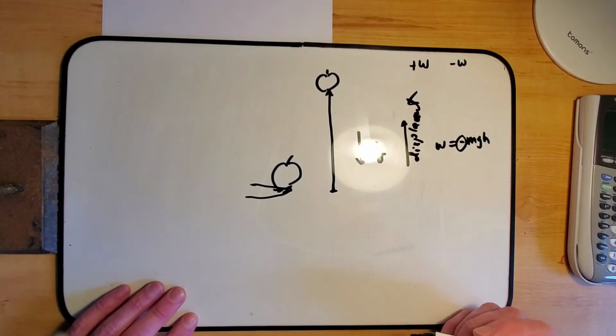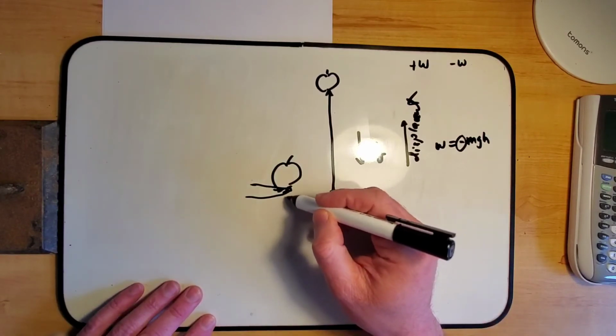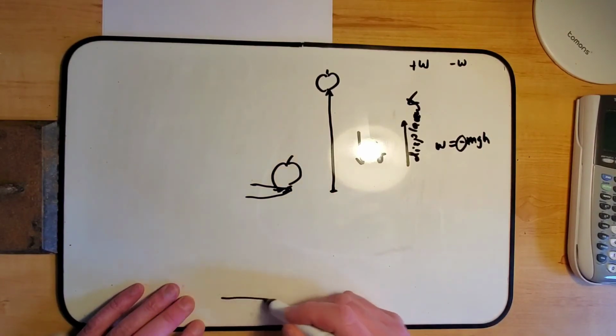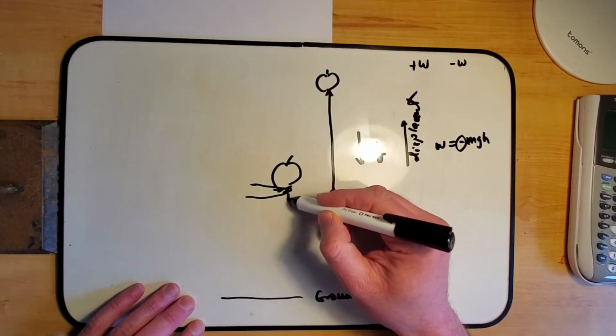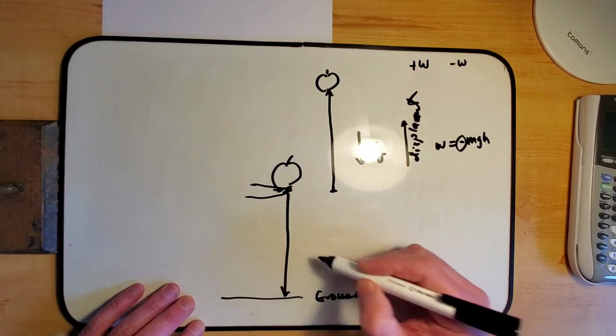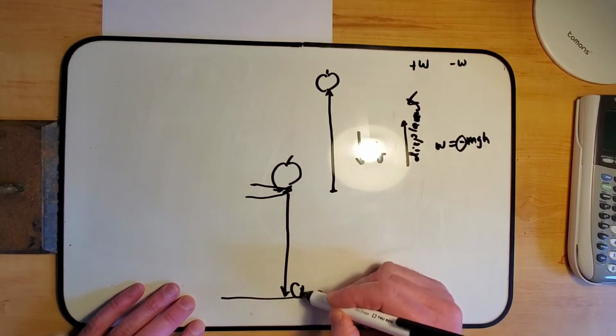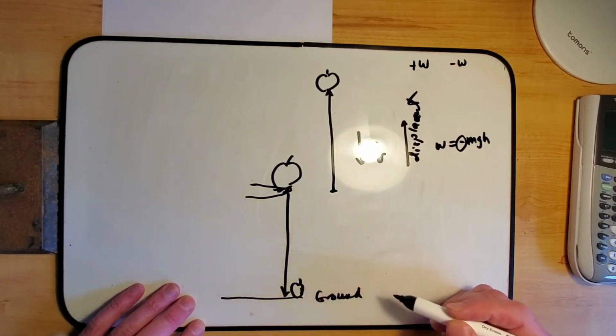Now, what happens if, and this is the ground here, I let this apple go and hit the ground? So now the apple is sitting on the ground.